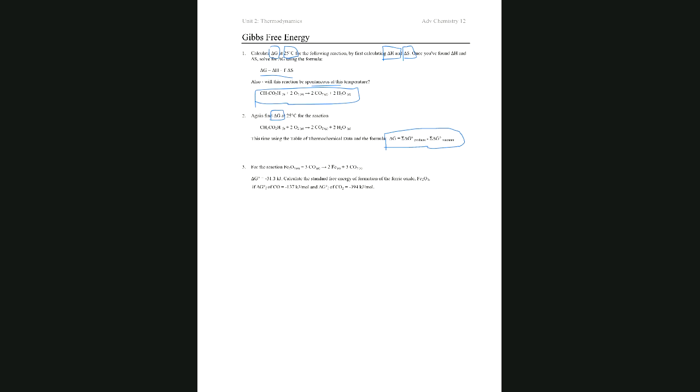The free energies for the products, then you subtract from that the free energies for the reactants. Now, the number ought to be the same for 2 and 3, okay? Ought to be getting the same value. And then question 3 is considerably more difficult, and so I want to talk about that after we've done these other two.